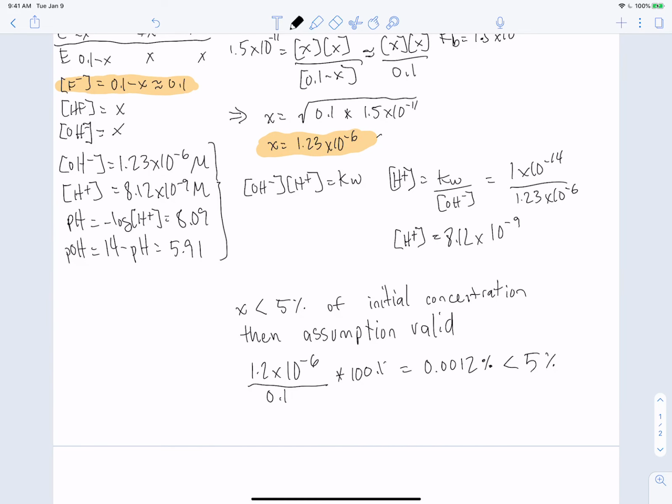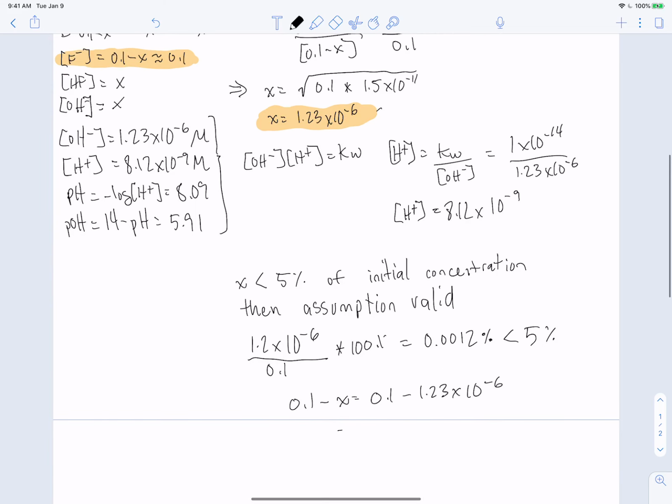And so we know that our approximation is valid. And so if you want to kind of make sense of this in your mind, why does it matter if it's 5%? What we're saying is 0.1 minus x in this situation will be equal to 0.1 minus 1.23 times 10 to the minus 6.